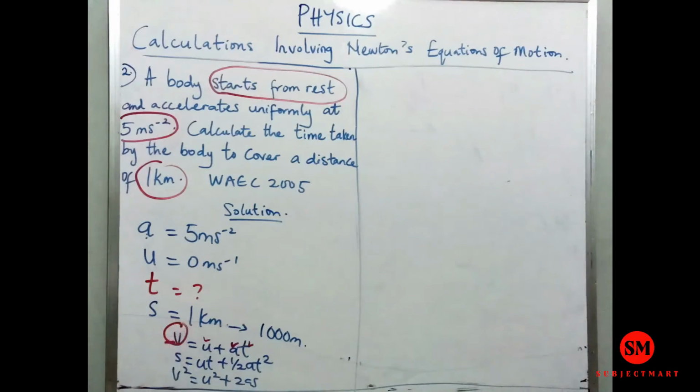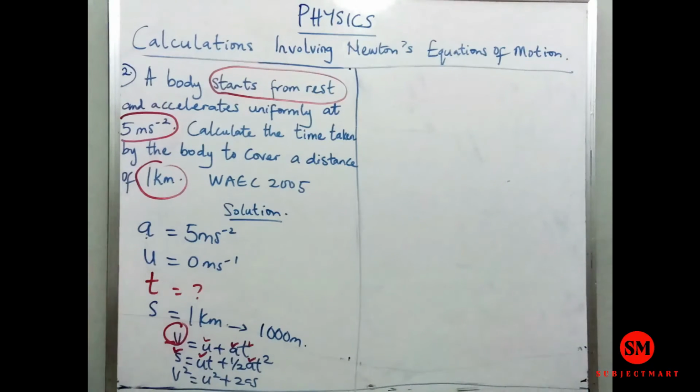We don't have v. Now for the second one, let's check the second one. s. Do we have s? Yes, we have s. Do we have u? Yes. Do we have t? Okay, we're looking for t. Good. a. Do we have a? Yes. For the first one, we are not looking for v, but we do have v.